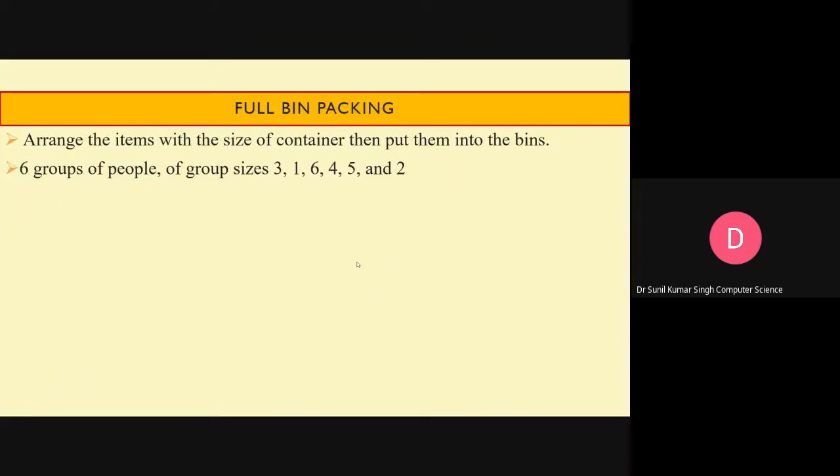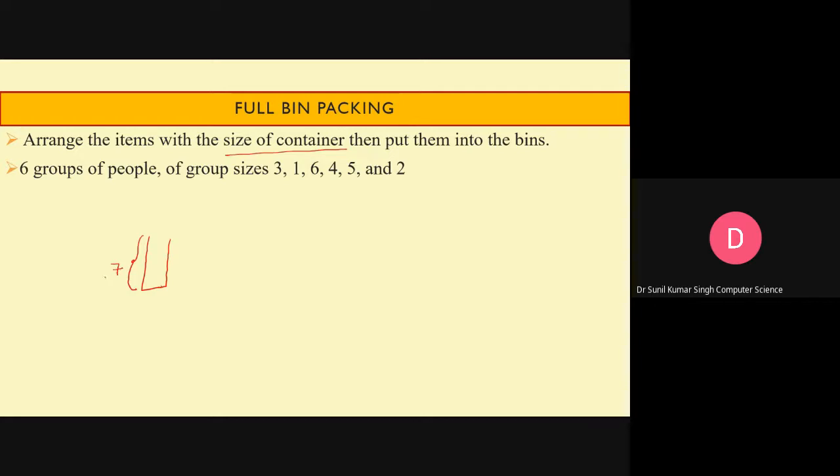Now look at another approach, we call it full bin packing. If you read the very first line, arrange the items with the size of container and then put them into the bins. So first we have to think in terms of what the size of the container is.